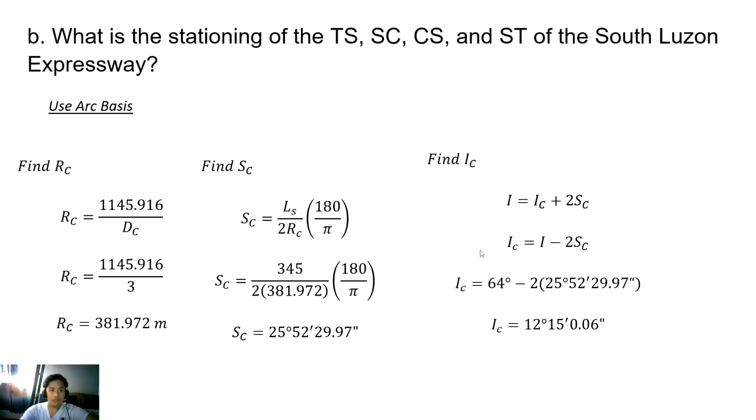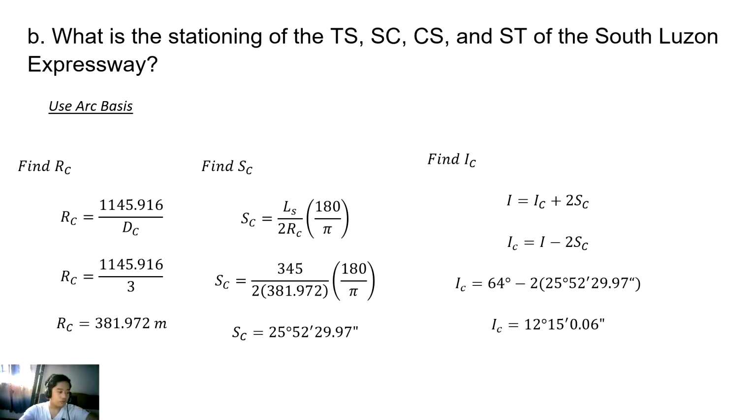Para naman sa B, what is the stationing of the TS, SC, CS, and ST of the South Luzon Expressway? Expressway meaning highway siya, so gumamit tayo ng arc basis. Para sa RC, gagamitin na natin yung normal na formula, which is 1,145.916 all over DC. Substitute lang natin yung D, so magiging 3.